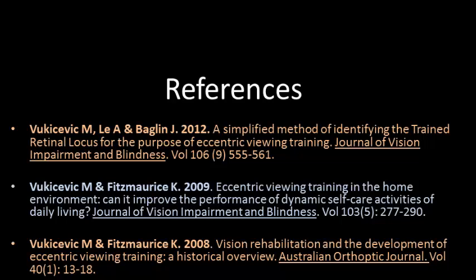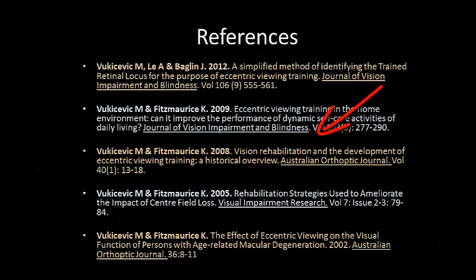In the next few articles, eccentric viewing training in the home environment and vision rehabilitation, my apologies, and then the 2005 one, rehabilitation strategies used to ameliorate the impact of centre vision loss, I talk about the studies that show that you can actually get quite a good improvement in near vision with eccentric viewing.